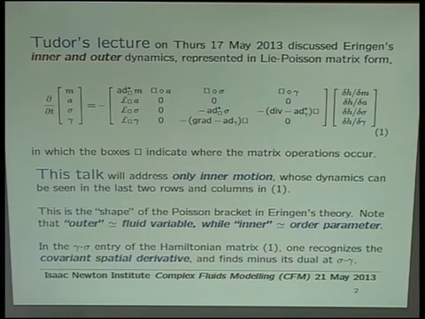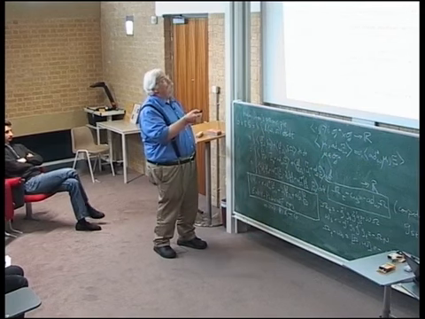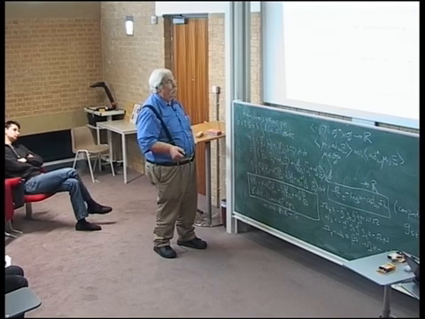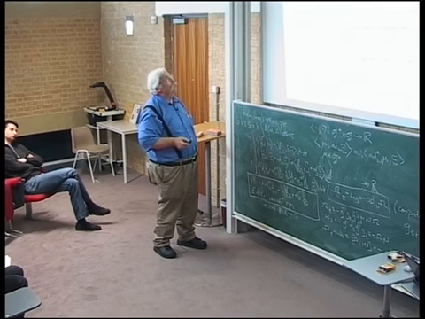So we have to now do, from here, a Legendre transformation. And that's not difficult. So this one, the one we just derived, is this part of the Poisson matrix.